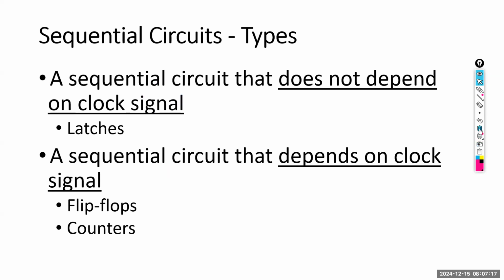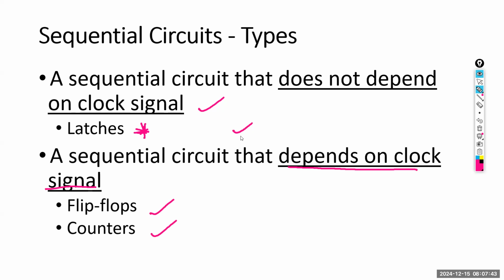So we can subdivide sequential circuit components into two. That is, sequential circuits that do not depend on the clock signal, which are basically latches, and sequential circuit components that depend on the clock signal, which are pretty much flip-flops and counters. First, we will look at latches.